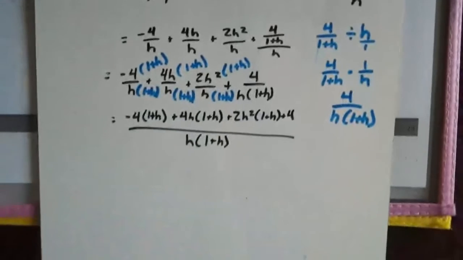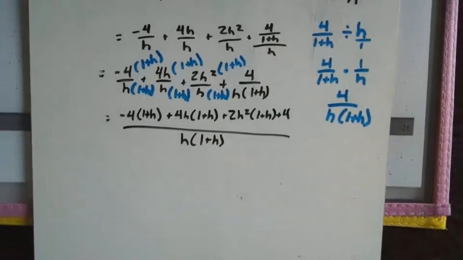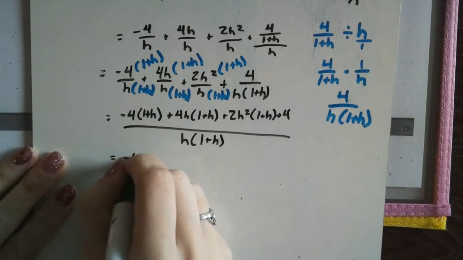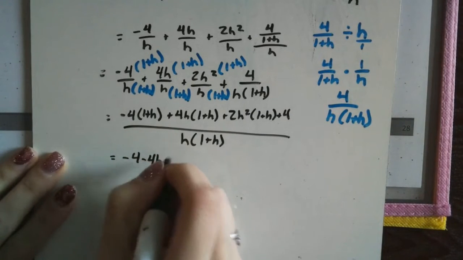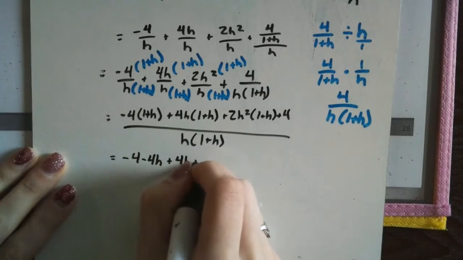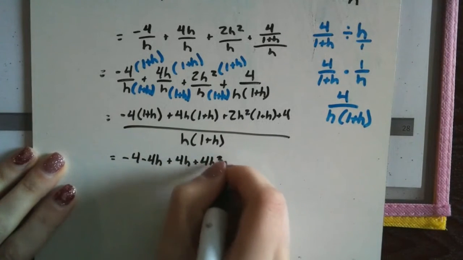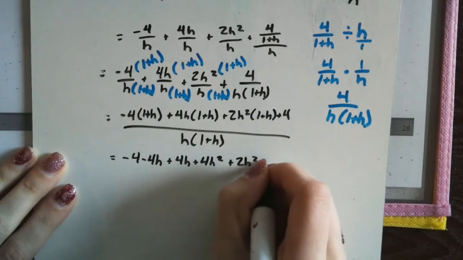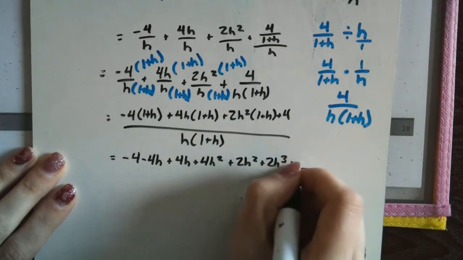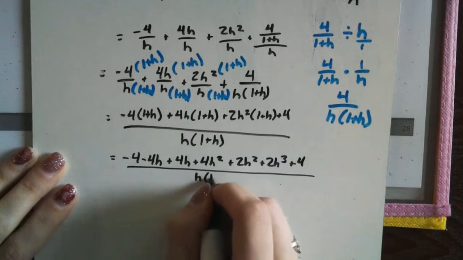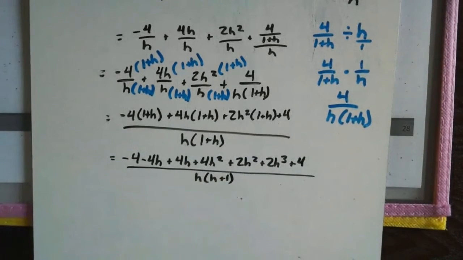You're wondering, why would we do this? Just you wait. I'm going to distribute through the parentheses. -4 times 1 plus h is -4 minus 4h. Distributing the 4h, I get plus 4h plus 4h squared. Distributing the 2h squared through, I get plus 2h squared plus 2h cubed, plus the 4 out back, all over h times h plus 1.